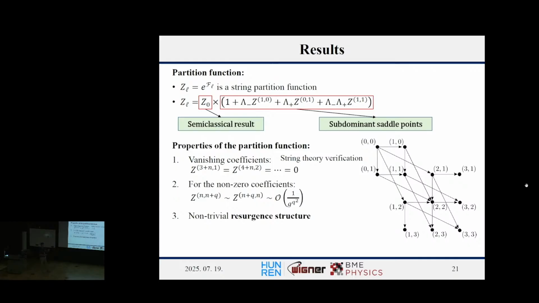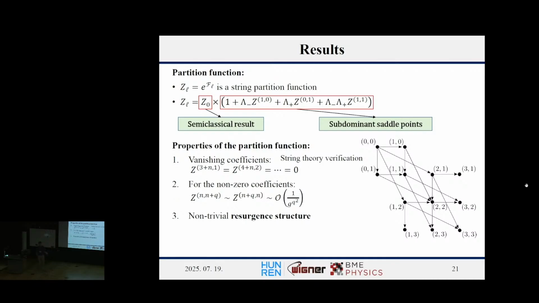This means that in theory, like lambda minus to the 0, lambda plus to the 0, the perturbative part could communicate to any of the non-perturbative coefficients, and also via (1,0) and (1,1) with (3,2) or anything. So in general, you should have some nasty structure of resurgence in this case, especially since you have two exponentially small scales. But it turns out that not everything communicates with everything, and we found this nice structure.